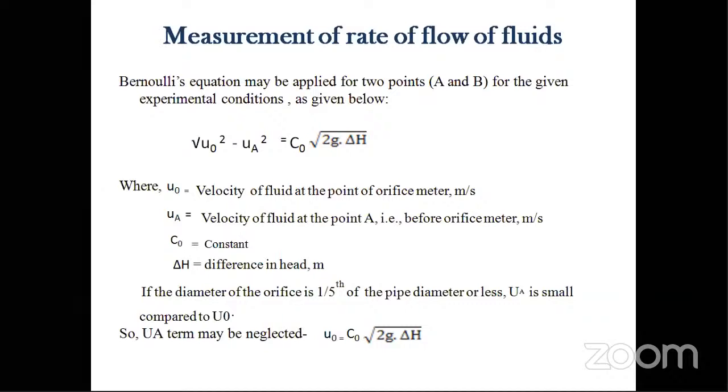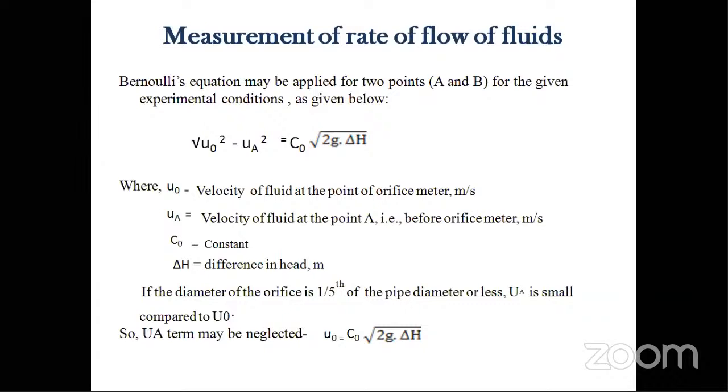The orifice meter peak point velocity is already discussed: it is u0. Then we subtract the velocity at portion A, so it is u0 square minus uA square. Why is the square required? Because when the velocity u0 slows down, it increases the velocity, and when it reaches point A, the velocity also increases.